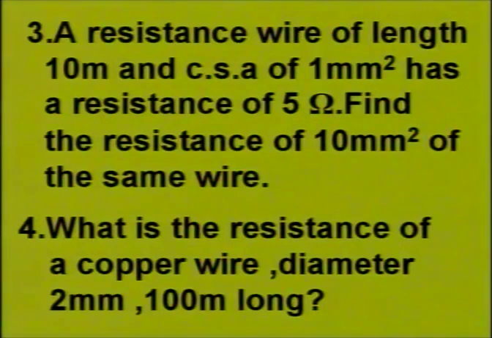So there's 100x. 5 divided by 100 will be 0.05. What is it? Ohms? Yeah, that's right.